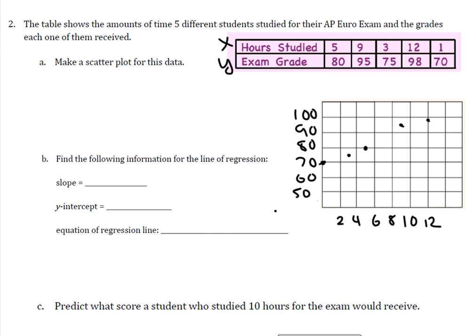So if I find the following information for the line of regression, so if I run this right there, what's my slope looking like, or at least what's it very, very close to? Well, depending on how you draw your line, you can be a little bit clearer than I am.